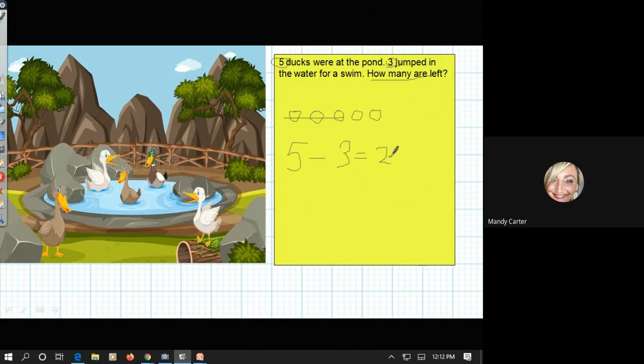And 2 what? 2 ducks. So by using the drawing and writing the math equation, this proves our thinking and how we came up with a solution to ducks.